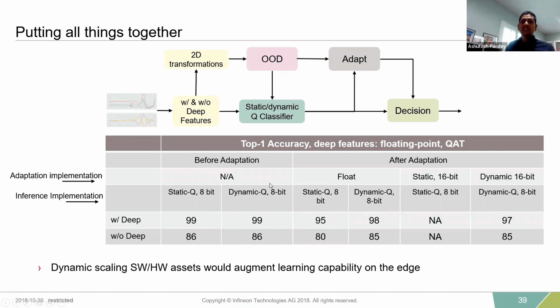And the quantization schemes are able to do as well as float in terms of inference. Having dynamic adaptation, dynamic scaling actually helps with the adaptation scheme as well, right? So the takeaway from this slide is that the whole system can be combined together in a holistic manner.